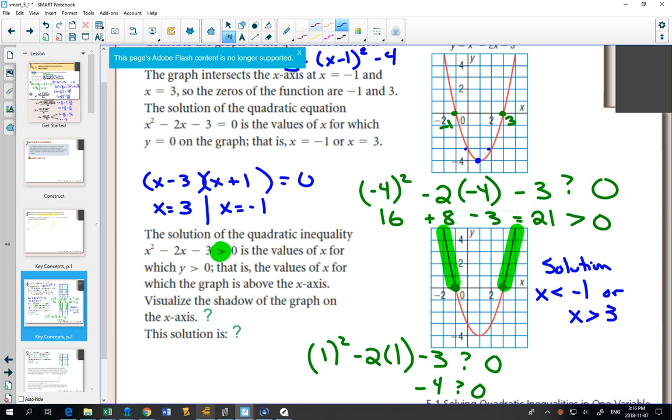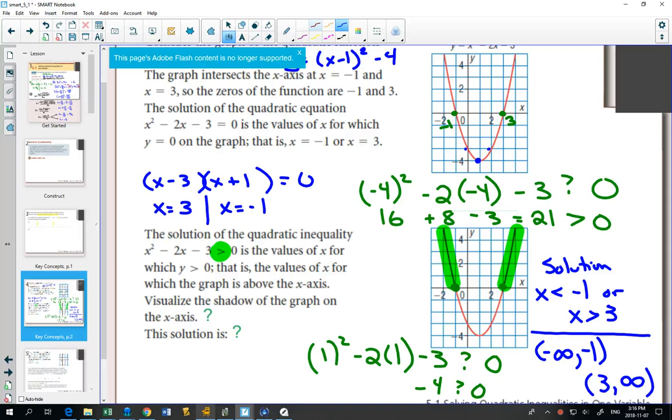That's one way to write the solution. The other way is to write an interval. How do we write x is less than negative 1? Well, we start at negative infinity and go up to negative 1. How do we write x is bigger than 3? We start at 3 and go forever to infinity.